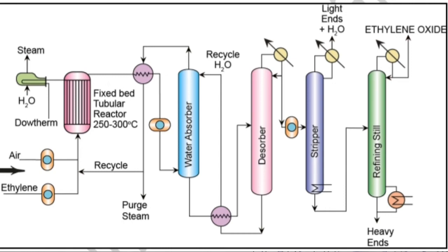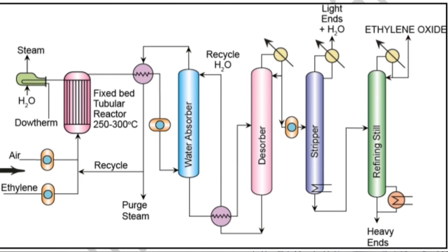To reduce the side reaction, EDC, ethylene dichloride, is added to the feed. Heat is recovered in a waste heat steam boiler, which is on the left side of the diagram.